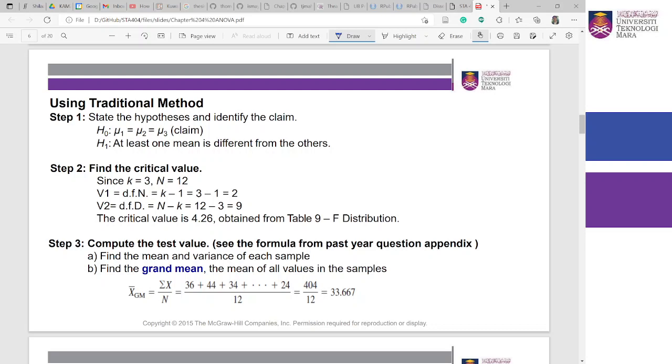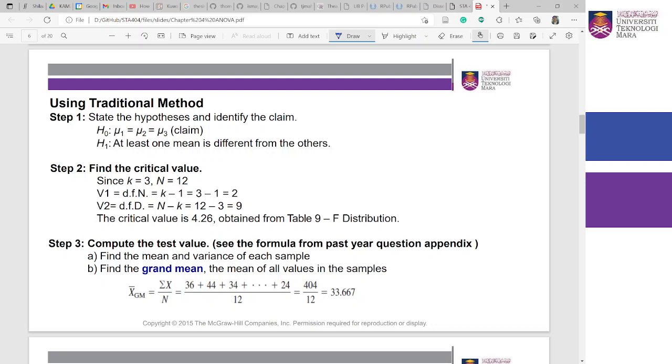Question tadi katakan is there is no difference, right? So ini yang dia question claim. So this will be the claim. Okay. And then H1: at least one mean is different from the others. Okay. So that is the hypothesis. You state the hypothesis.